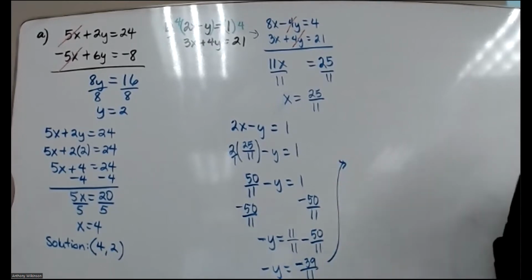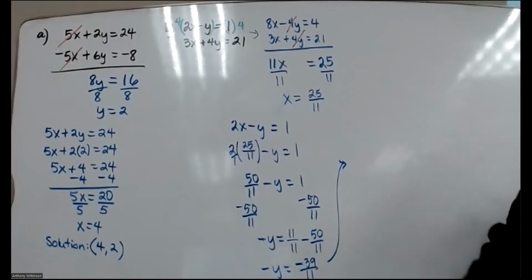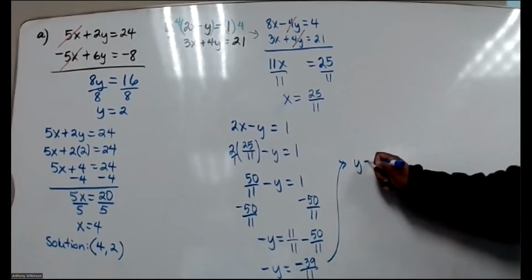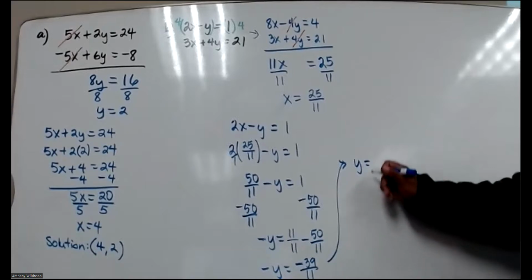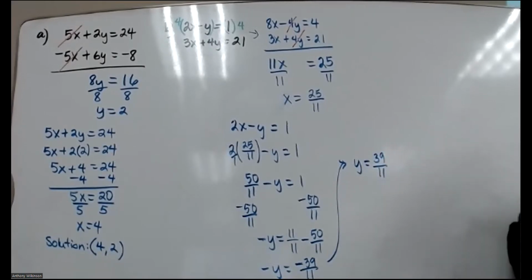And then in this case here, if I multiply both sides by negative 1, the opposite of negative y will be y, and the opposite of negative 39 over 11 would be just 39 over 11.